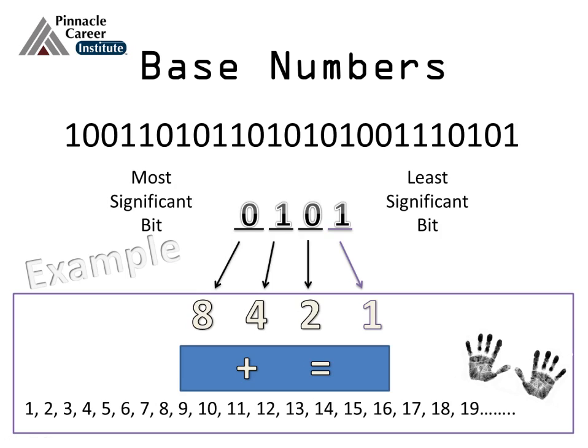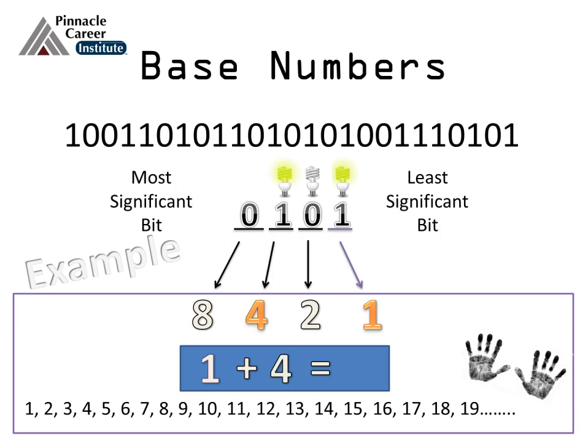Now remember back to our light bulb examples, where 1 was on and 0 was off. The least significant bit is a 1, so it's on, and we're going to put it in our addition problem below. The second bit is off and is a 0, so we won't add this.